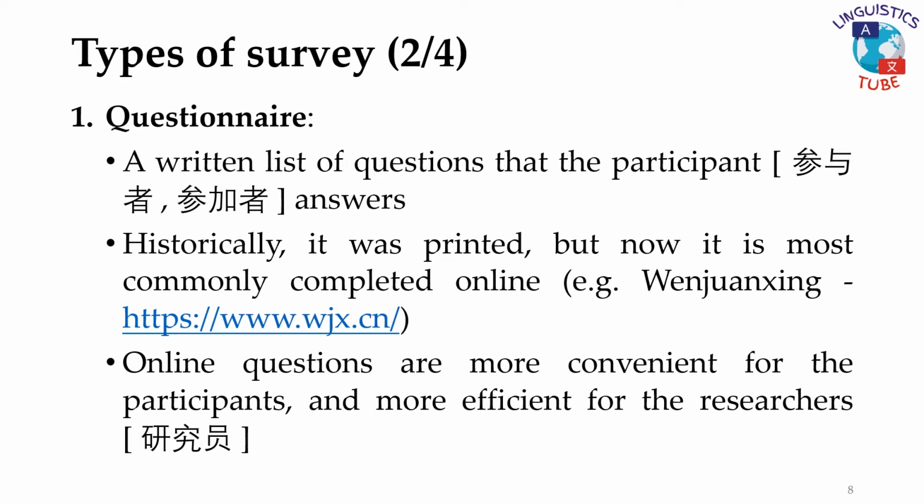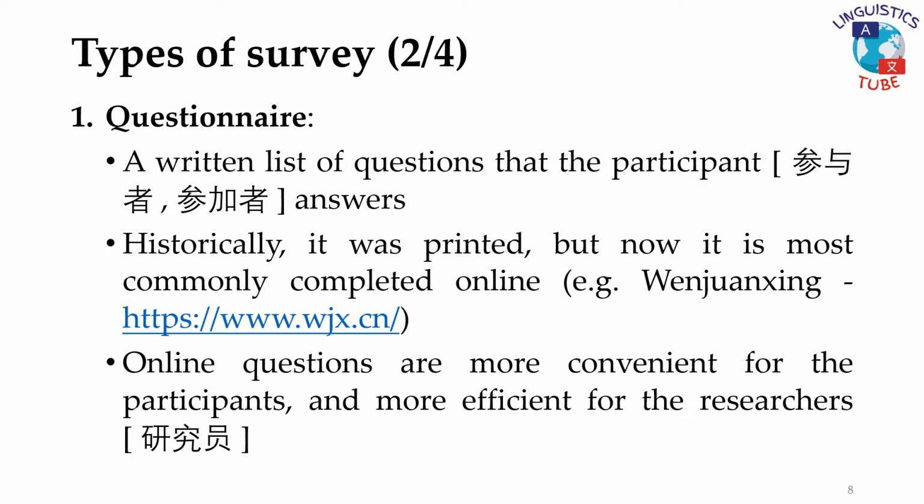Firstly, let's discuss questionnaires. These are a written list of questions that are answered by the participants. Historically, a questionnaire was a printed document that was given to each participant to complete. However, with the advancement of technology, questionnaires are now mostly created and completed online. This has advantages for both the participants and the researchers.